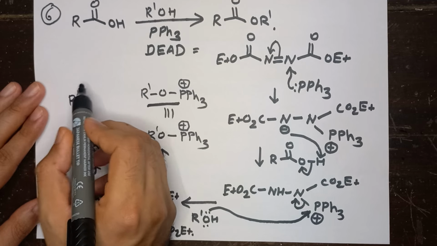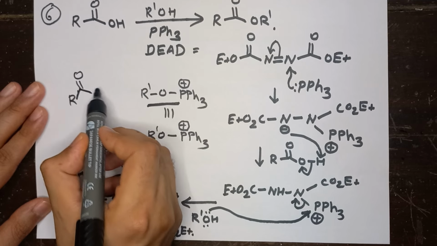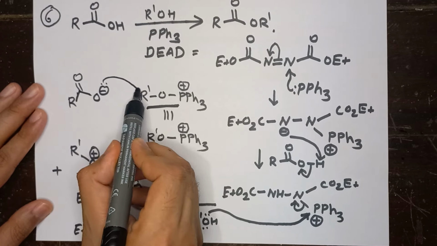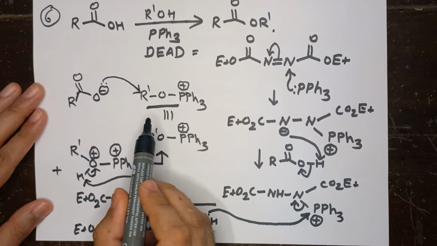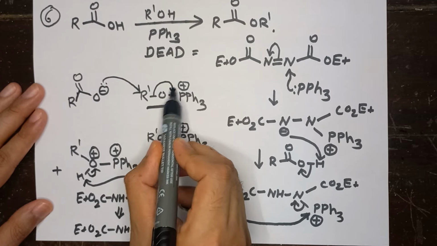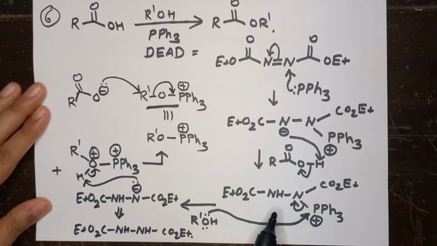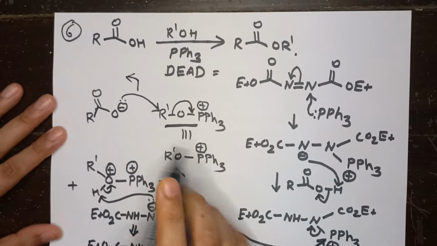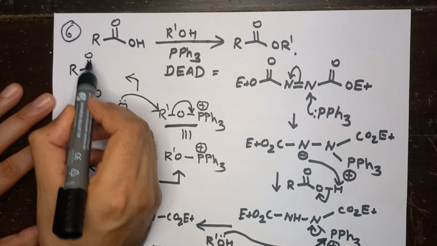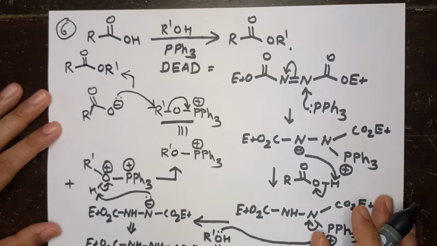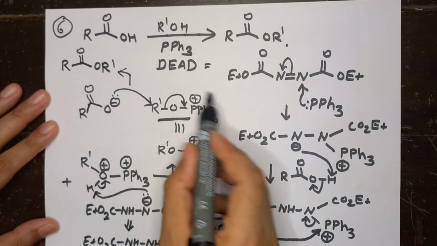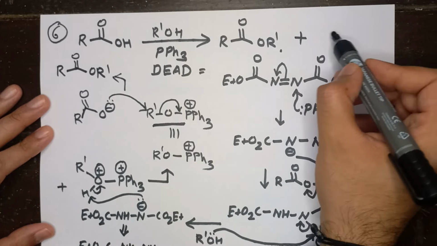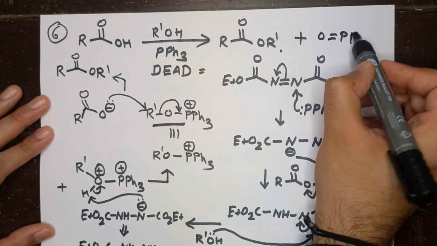This is C double bond O, O minus, and in last step this O minus will take this alkyl group and will form double bond here. Okay, and this is how you will get the final product, that is your protected product. And what is the byproduct? Well, the byproduct is PPH3 doubly bonded with oxygen.